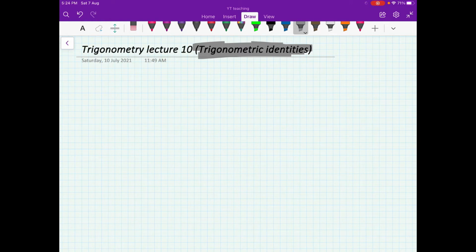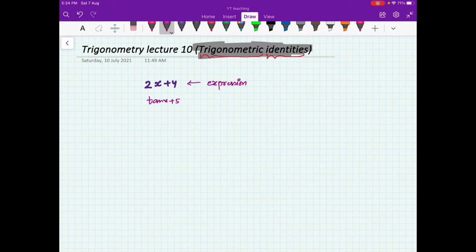Okay, so before going to trigonometric identities, let us see what are identities. First we should know what are identities, right? For example, if I write something like this, 2x plus 4, what is this? This is an expression, right? In this case this is a polynomial expression, but you can have something like this, tan x plus 5.